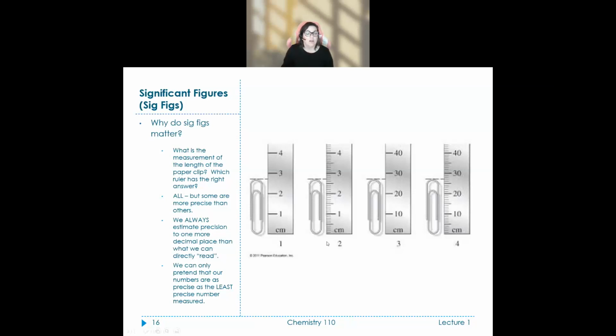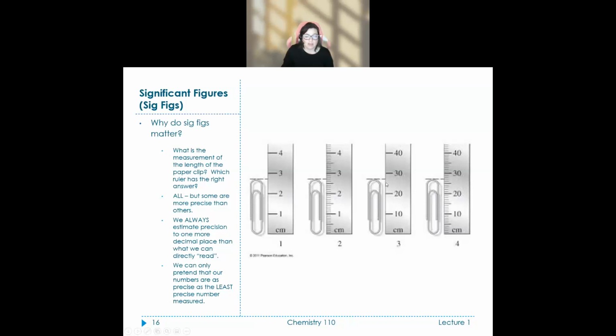This is the same example. We're just doing it in terms of 20 and 30 centimeters on ruler number 3 and 20 and 30 centimeters on ruler number 4, but there's more gradations on ruler number 4. The same thing is true though. So it's higher than 20, lower than 30, more than 25.